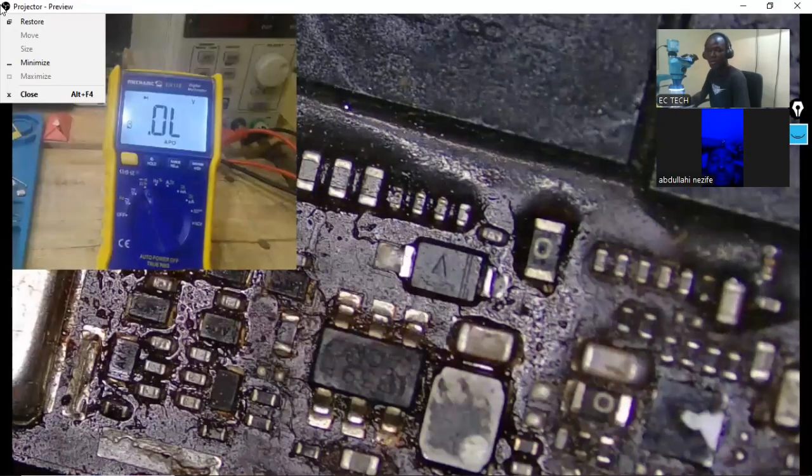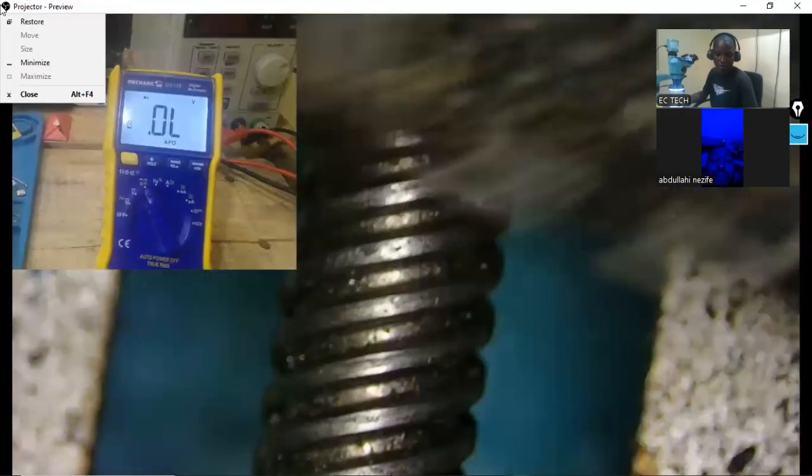Alright, so now that's how to test a diode. So now let's move forward.